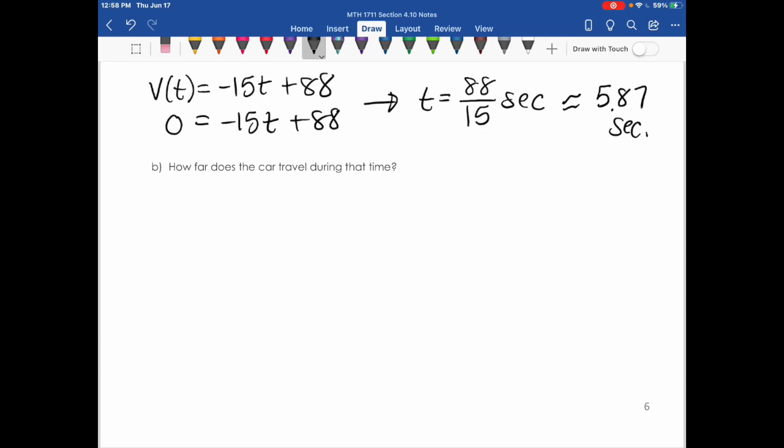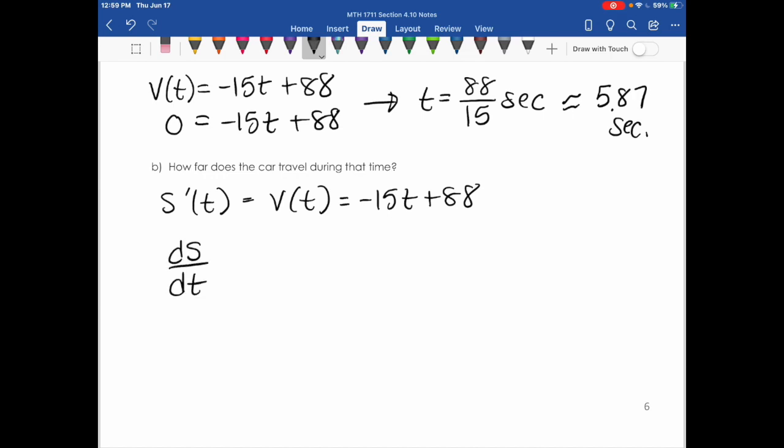Okay, part B says, how far does the car travel during that time? So we need to figure out the distance using the position function. So now we need to use the velocity function and integrate it to find the position function. I know that s prime of t is equal to the velocity, which is equal to what we just found, negative 15t plus 88.